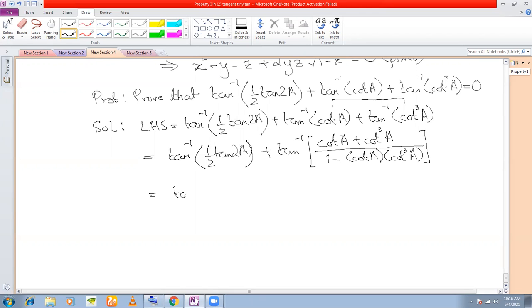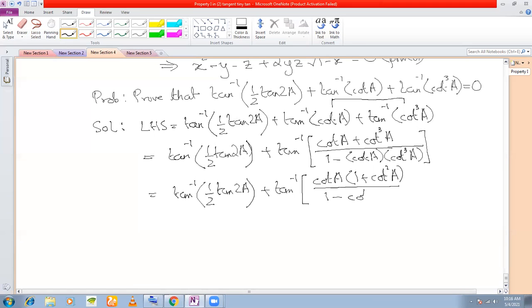So which is equal to, you keep the first one as it is, tan inverse. In the numerator you can take cot A common, so you get 1 plus cot square A, and in the denominator you get 1 minus cot to the power of 4A. Okay.